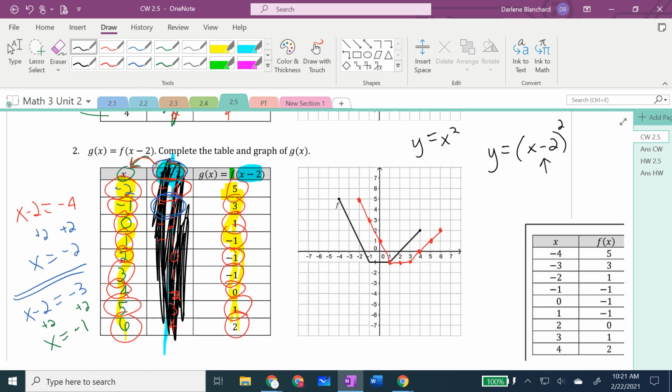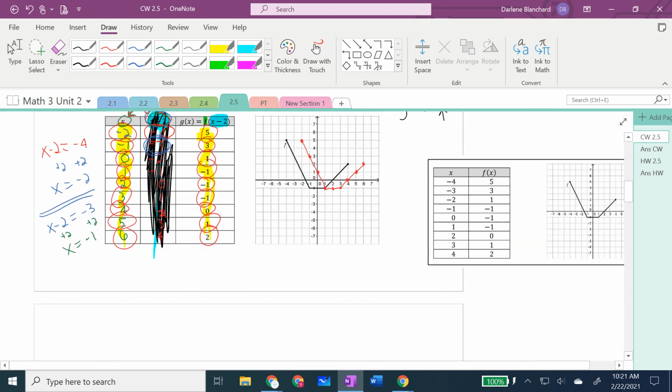I want you through this classwork to see why it moves right 2 instead of left. And just take some time to contemplate what happened here and maybe look over it again. And I'm going to move on to the next problem.